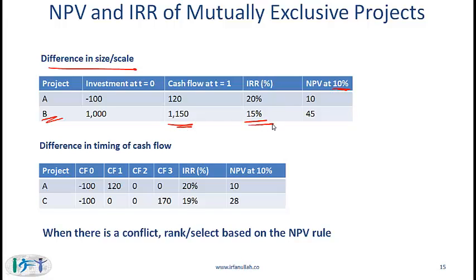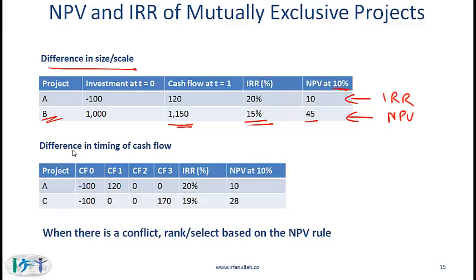IRR is 15% and the NPV is 45. So here, if you go by the IRR rule, then project A ranks higher. If you go with the NPV rule, then project B ranks higher.